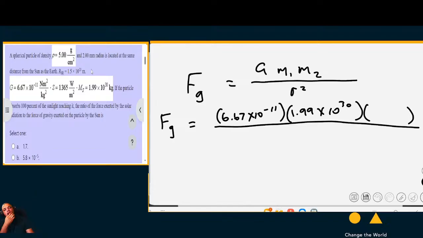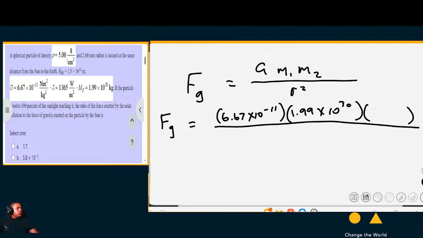Now we have been given the radius of this particle, so we can calculate its volume. And from that volume and density, we can calculate its mass. Because remember, density is mass over volume.